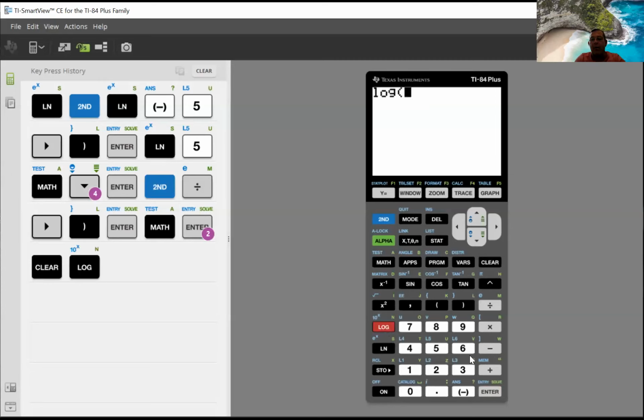So I'm going to hit log and then punch in my 64 and enter. Now they want us to round to 4 decimal places. So that'll be a 1 point, so let's see, I got an 806. The 4th number is a 1, but it's got a 7 after it. So the 1's going to turn into a 2. So I get 1.8062. Okay.